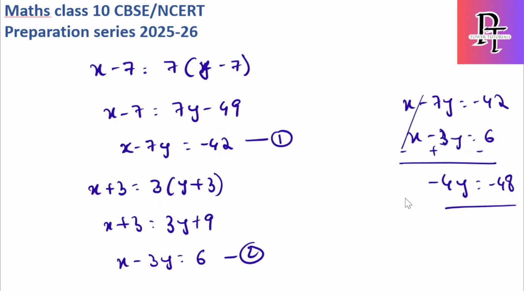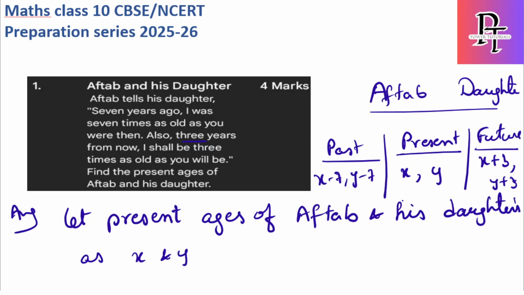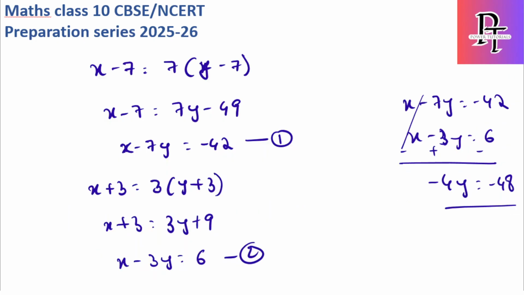And we have told you that for this topic we will get questions from 2 chapters. Either it can be pair of linear equations in 2 variables or quadratic equations, but first try to understand the question and then you can easily solve it. The tip for pair of linear equations in 2 variables: always go for the elimination method, because that is much faster.